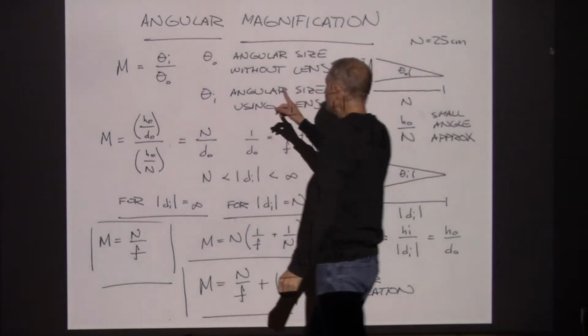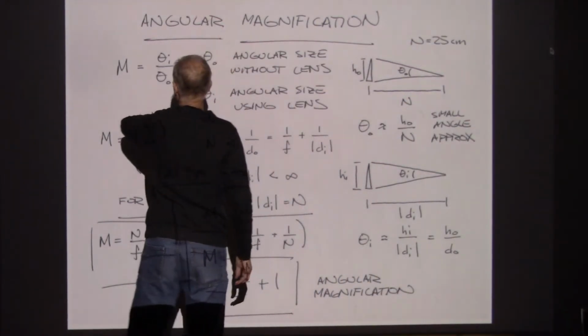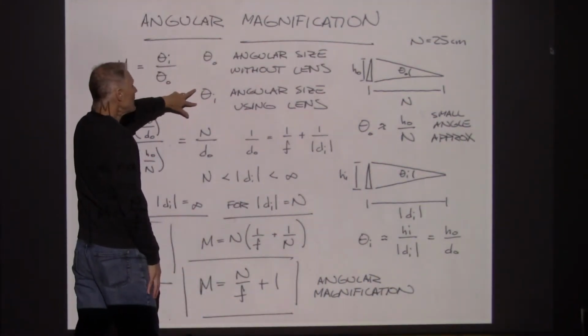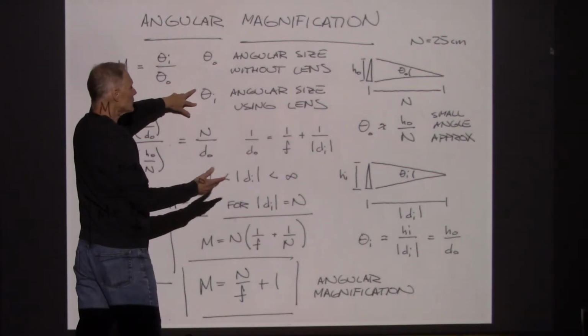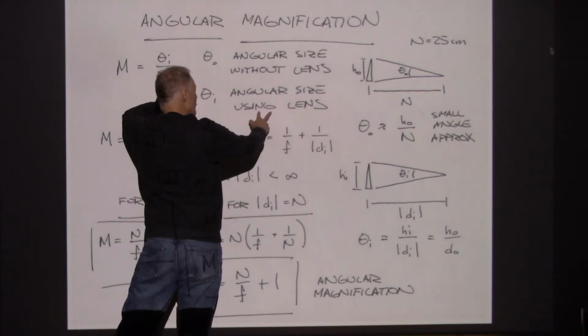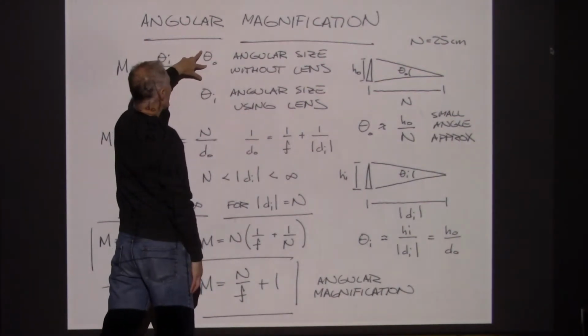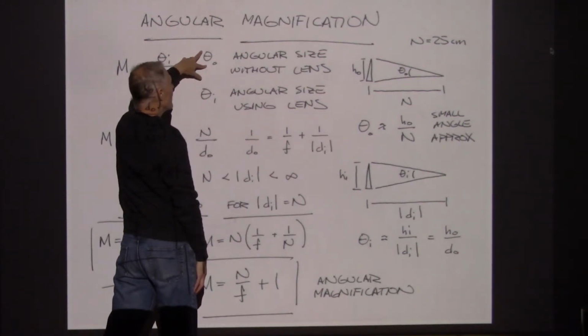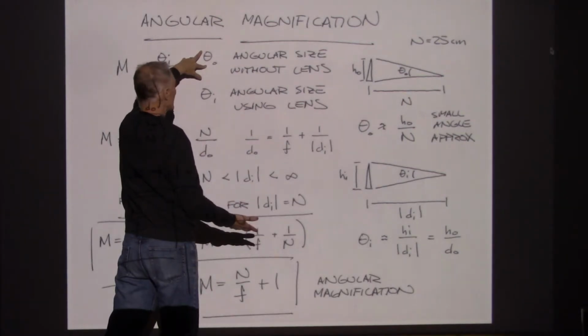So the idea with angular magnification is what will be the angular size of the object when I'm using the lens compared with the angular size of the object when I'm not using the lens.